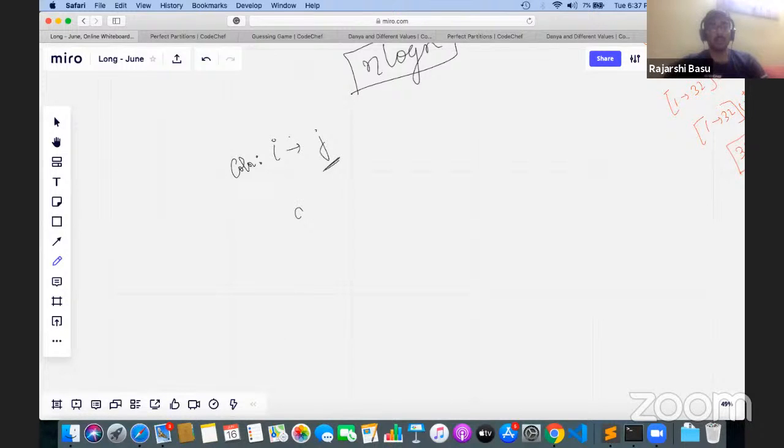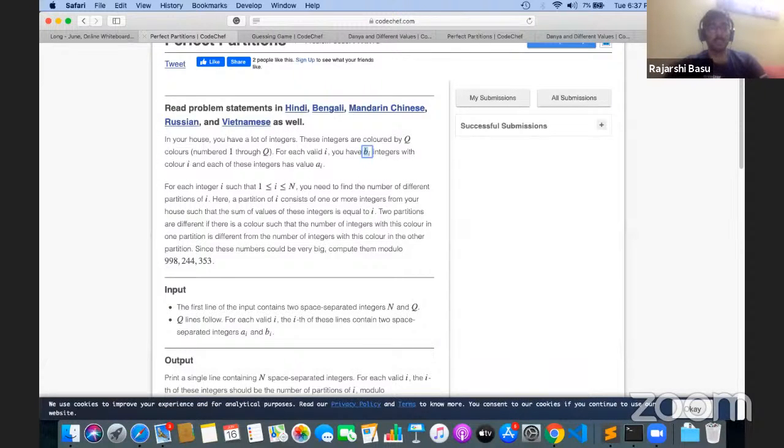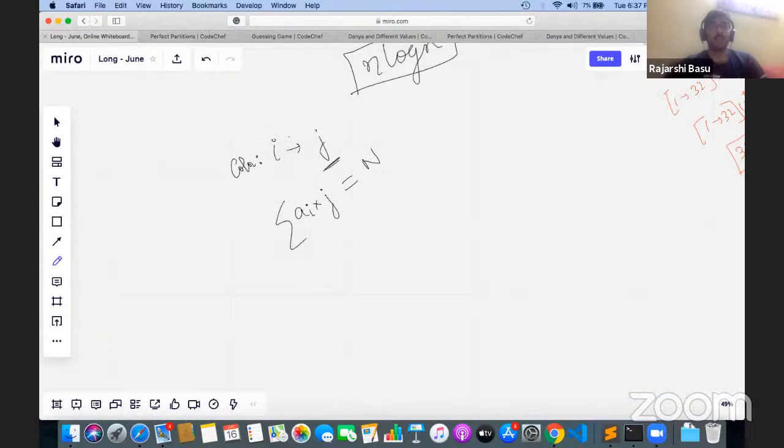Then the summation over all i of ai times j has to be equal to some number n. So n is basically the partition I am denoting by small n, and we will have to find the answer for all n from 1 up to n.